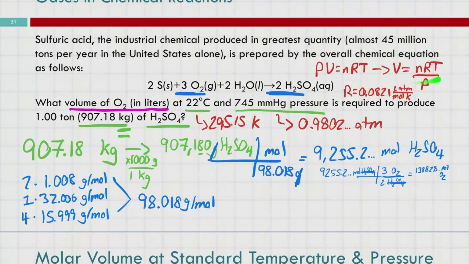And we can plug everything into this V equals nRT over P, and we'll get our volume of oxygen. It should also be a really large number. So our moles times our gas law constant times our temperature in Kelvin.